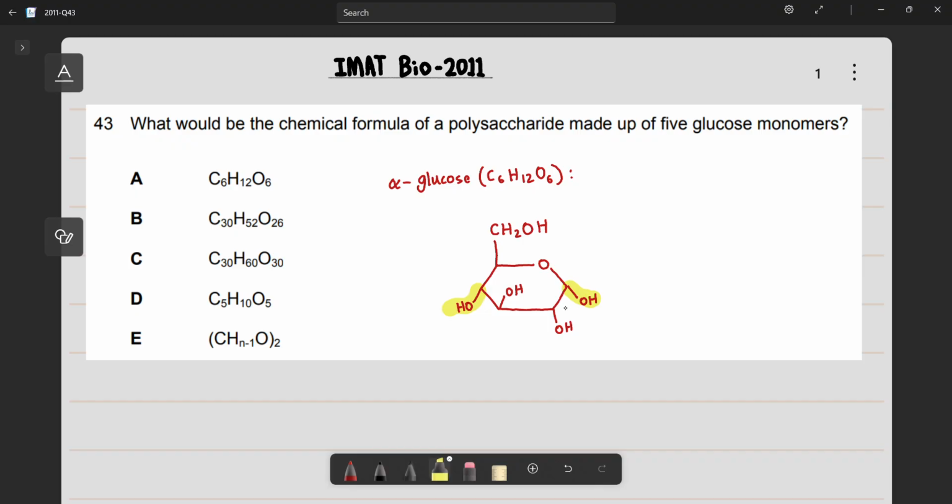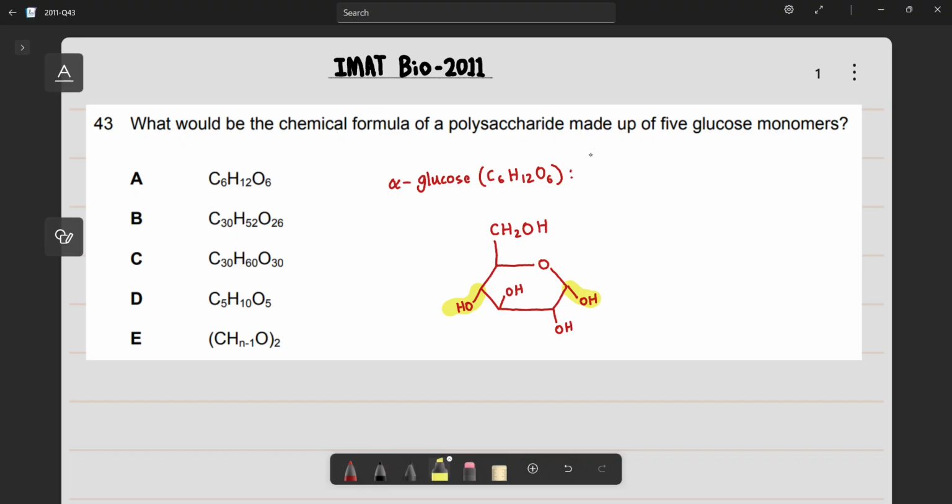So it's in a different section while they're in the same carbon position around this structure. They're in the same carbon position, but the OH, the hydroxyl group, is up over here.